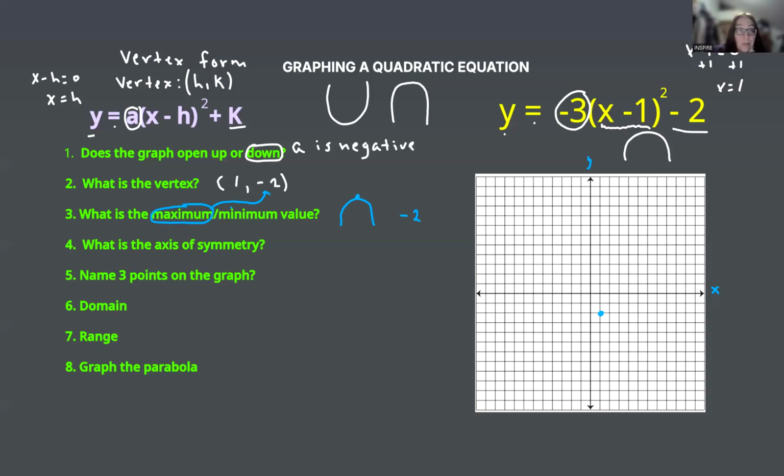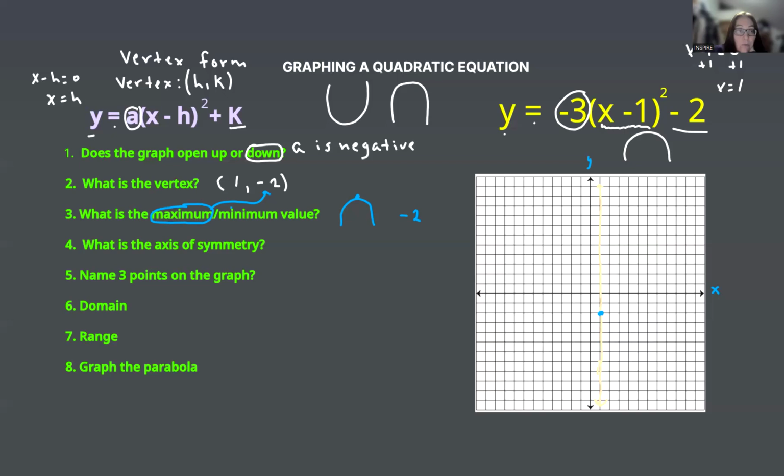Now, the axis of symmetry, we're going to draw a line right through this vertex, straight up and down, because the axis of symmetry is a vertical line. So here we go up, and here we go down. And remember, when you have a vertical line, that's VUX.